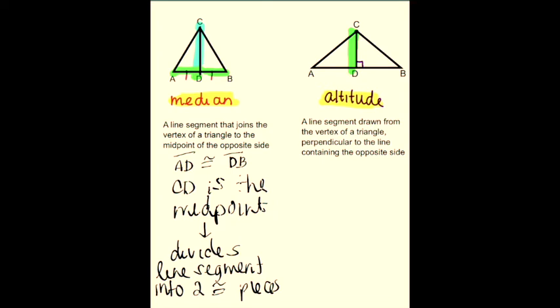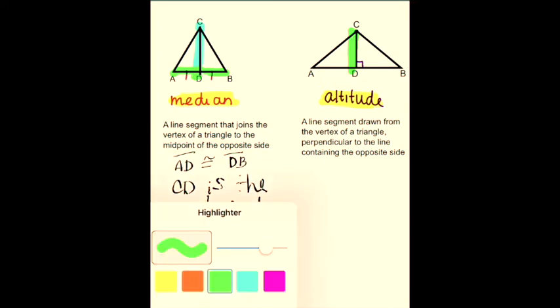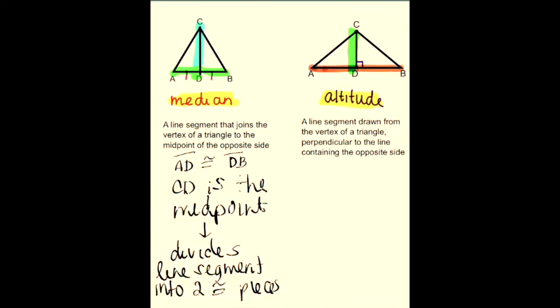And the reason it does that is because altitudes create perpendicular lines, and perpendicular lines form right angles. So you could actually say that both of these pieces are right angles.